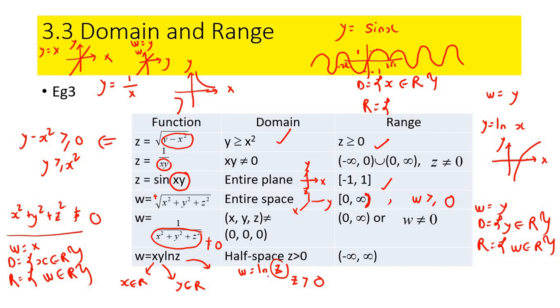And for w equal to ln z, your domain is z must be greater than 0, and the range, following the graph of y equal to ln x, takes real numbers, so w is a real number. That's why when you combine these, w equal to x, w equal to y, w equal to ln z, all the ranges are real numbers. That's why the range here is from negative infinity up to positive infinity.